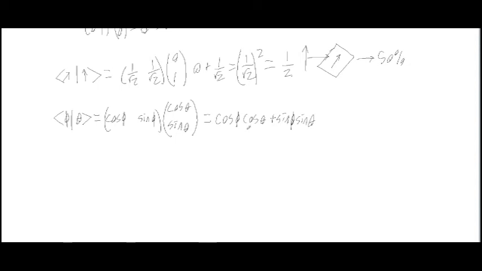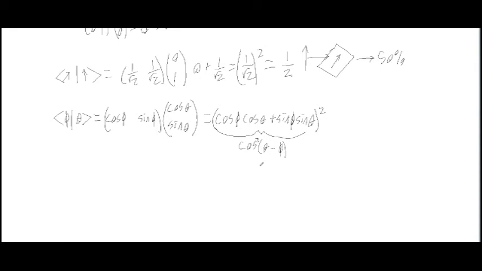And using a trig identity, which you don't have to have memorized, but you can look it up, this is going to be equal to cosine of theta minus phi. And because we are getting probabilities, we'll take this and square it. And so we are preparing in the theta and measuring in the phi.